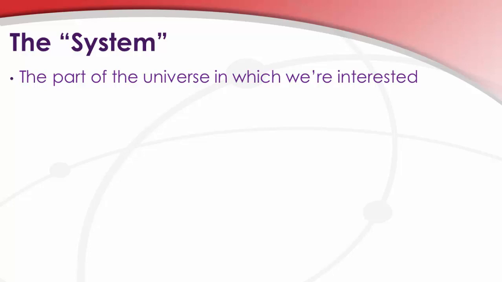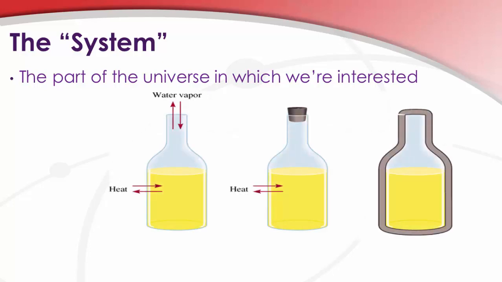We define the system as the part of the universe in which we're interested. And we're going to contrast three systems in order to get an understanding of how we'll categorize these systems in order to do our experiments in the future.